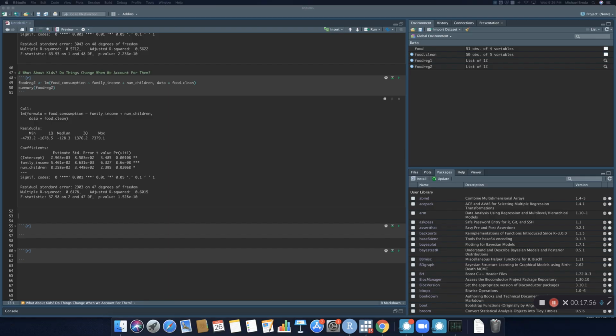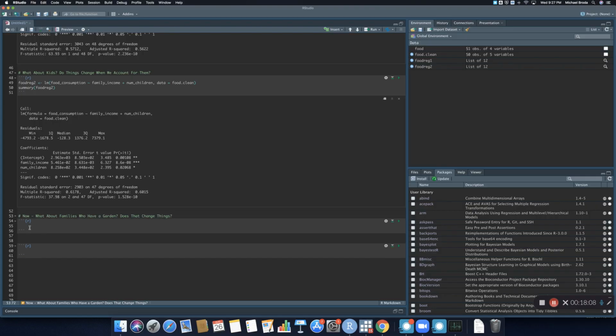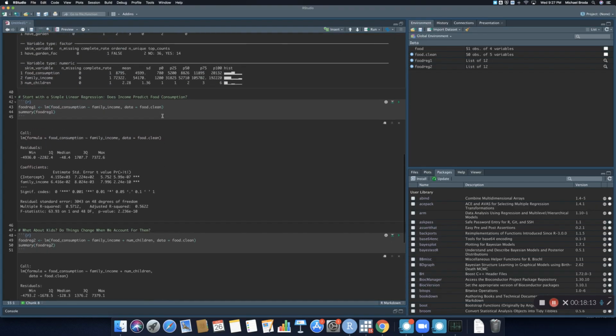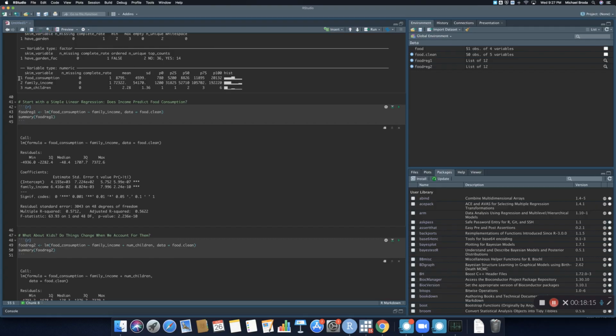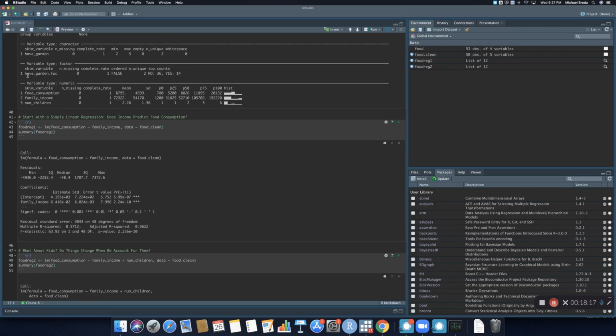Okay, so we've accounted for kids. We've accounted for family income. What happens when we decide to think about the garden? So this is an interesting question. So what about the garden? We have this variable that tells us basically whether or not the families that we sampled own a garden.